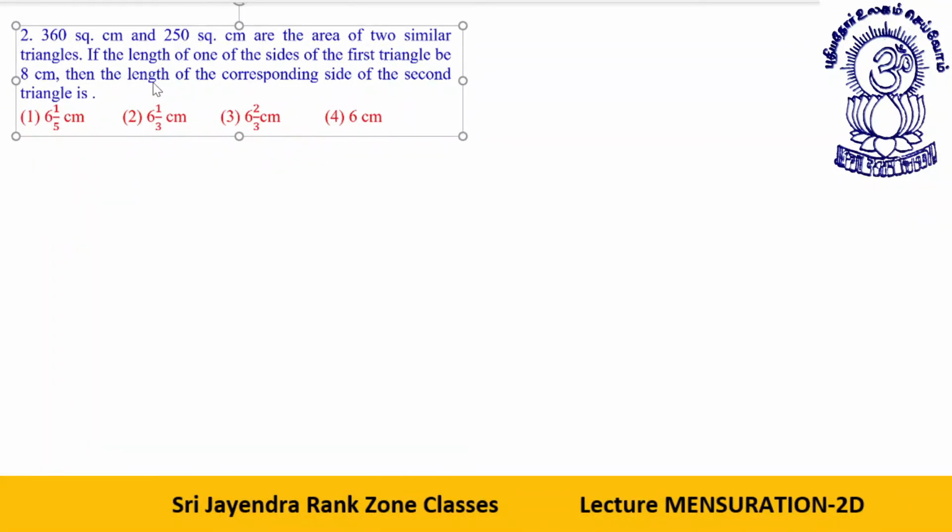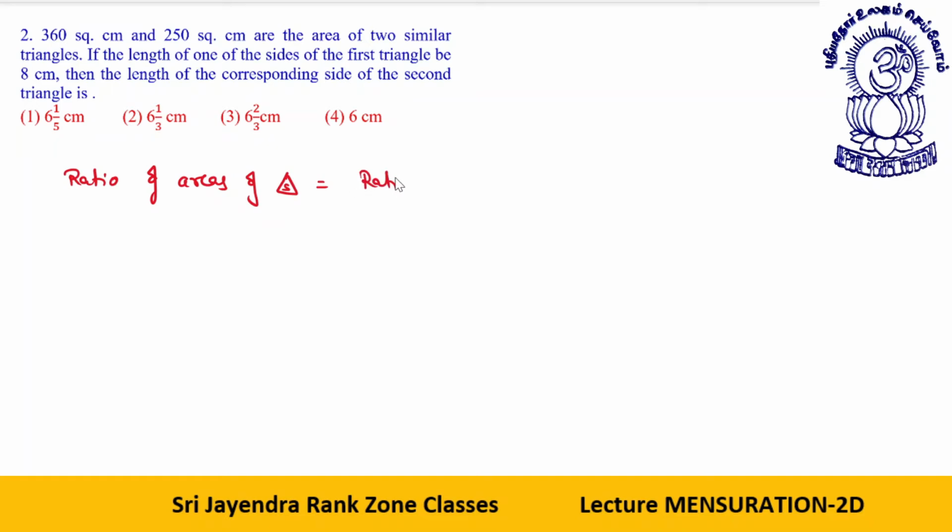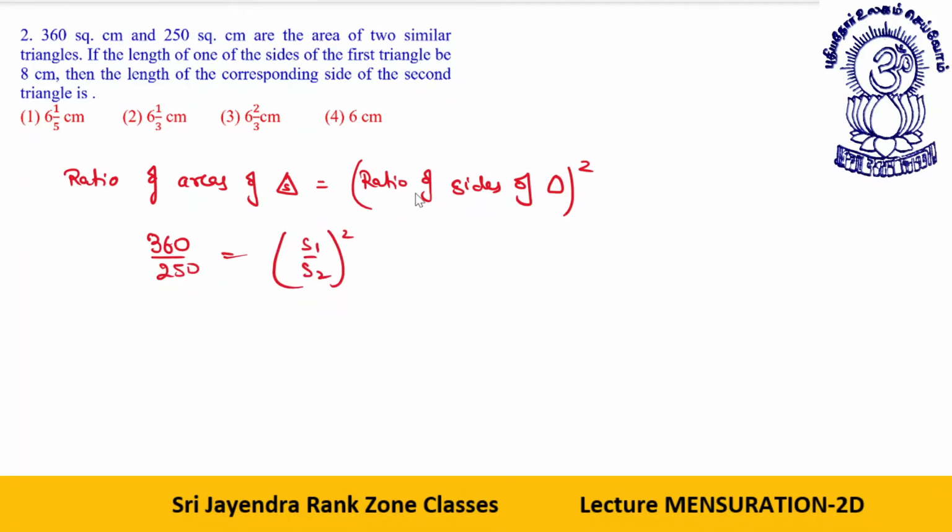360 and 250 are the areas of two similar triangles. If the length of one side of the first triangle is 8 centimeter, then the length of the corresponding side of the second triangle is, I repeat again, the ratio of areas of triangles is equal to the square of the ratio of sides of triangles. So 360 by 250 is equal to (S1 by S2) square.